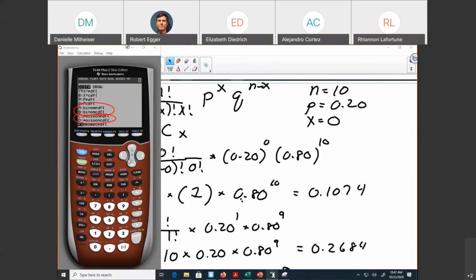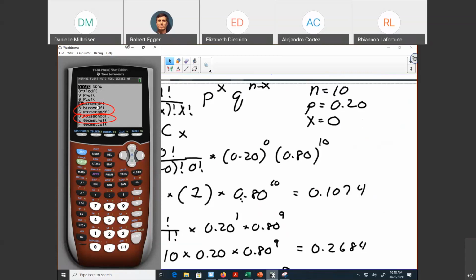In both cases, Poisson or binomial, PDF means a single point distribution, while CDF is going to be a cumulative from left to right, from basically zero to where you want to go to. So let's do the binomial for a change.